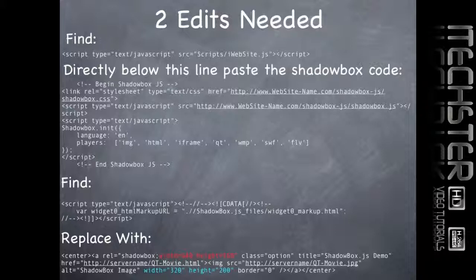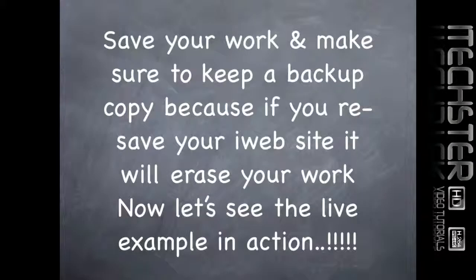Once you find that particular line of code, from the beginning of script to the end of script, you want to copy it, delete it, and then replace it with the code below, which is actually referencing the movie that we have on our HTML page. Now that you have that done, you want to go ahead and save your work.